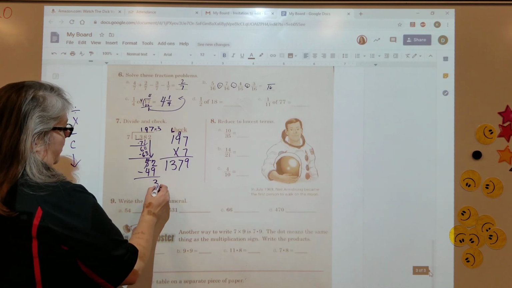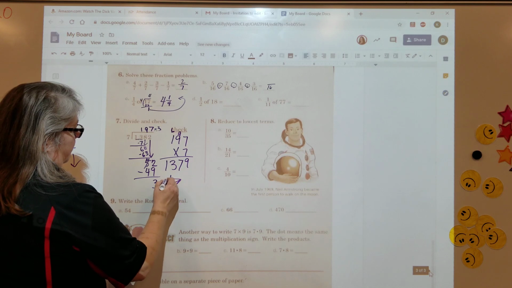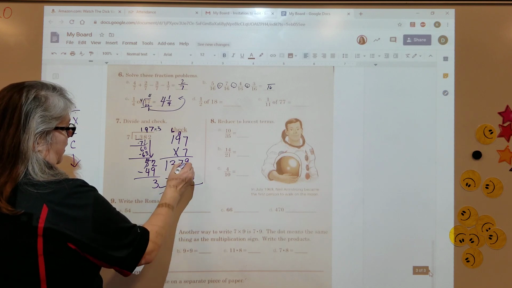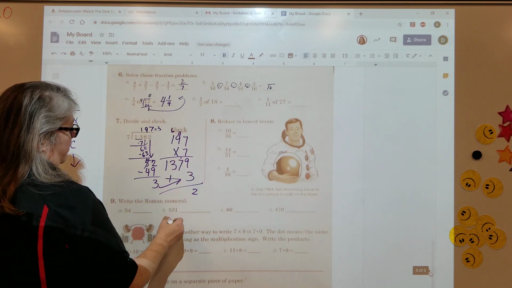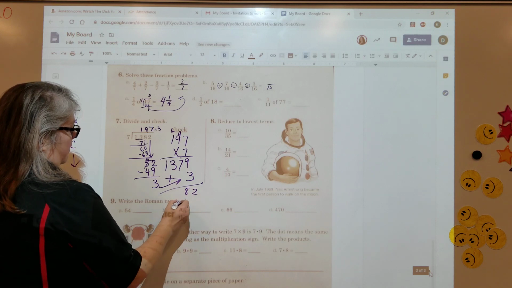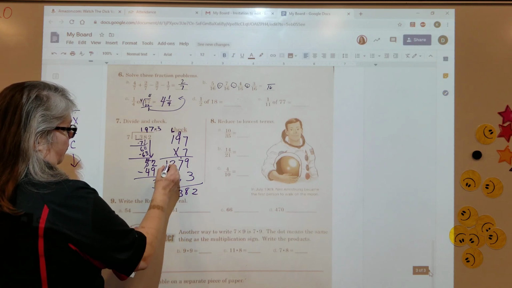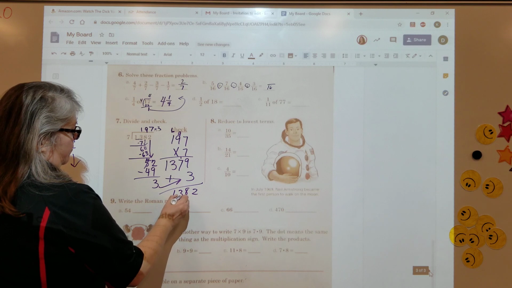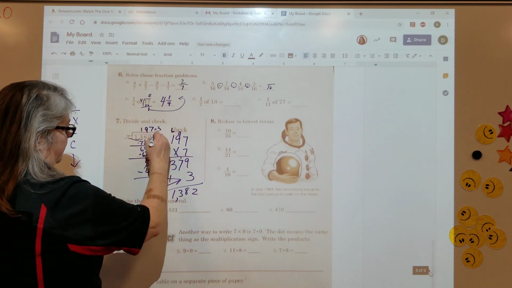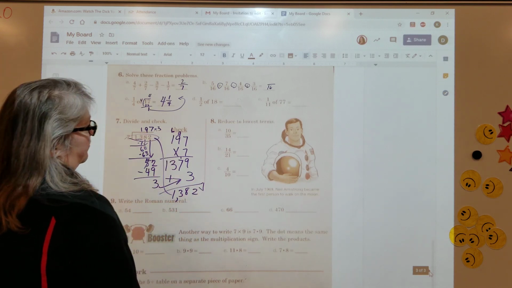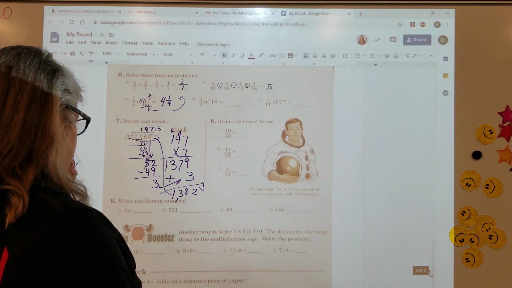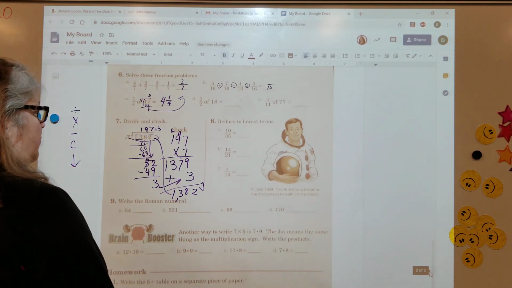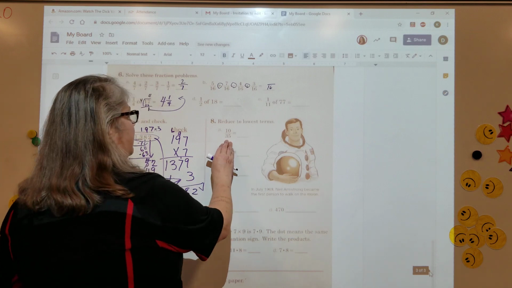Now we need to add back our remainder. 9 plus 3 is 12. 1 plus 7 is 8. 3 plus nothing. 1 plus nothing. 1,382. Good job.